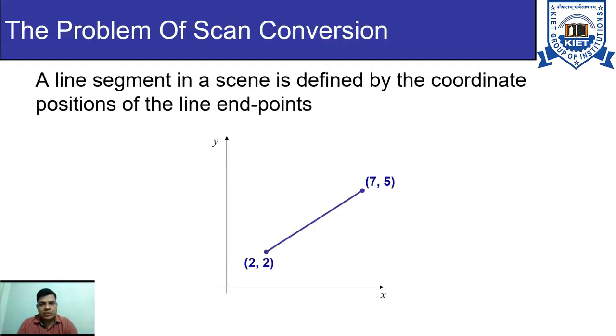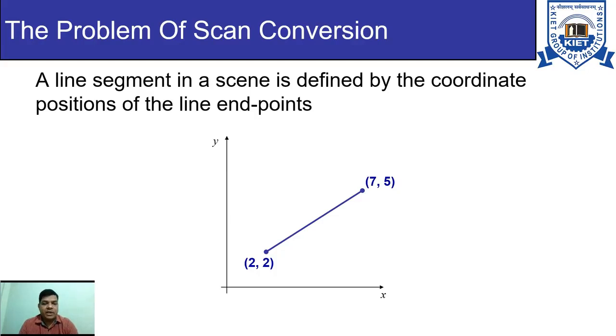Whenever you are using a raster scan system, there is a problem of scan conversion. The problem is that whenever you are drawing any line on the system, the line does not appear straight, except in a few cases.